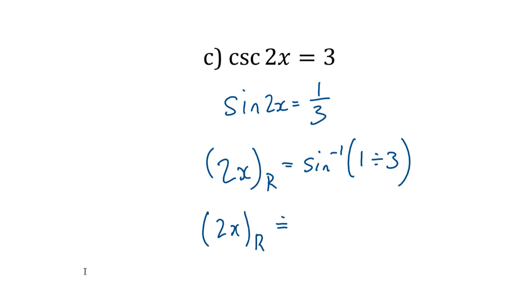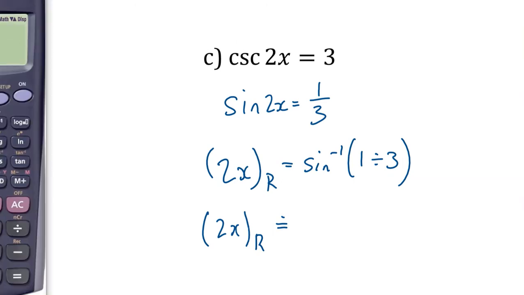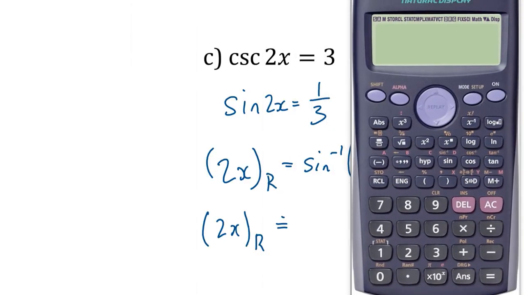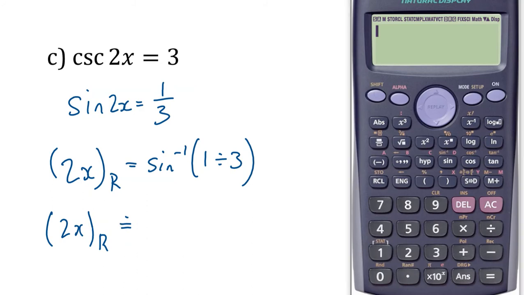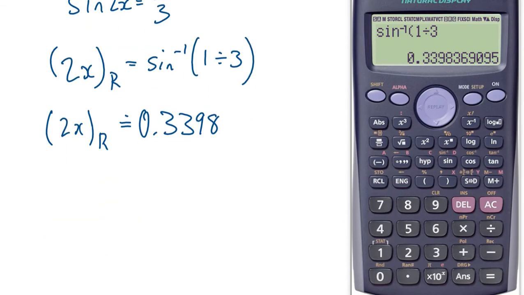Okay, got to get my calculator back out. Make sure it is in radians. Shift sine 1 divided by 3. So I get 0.3398.